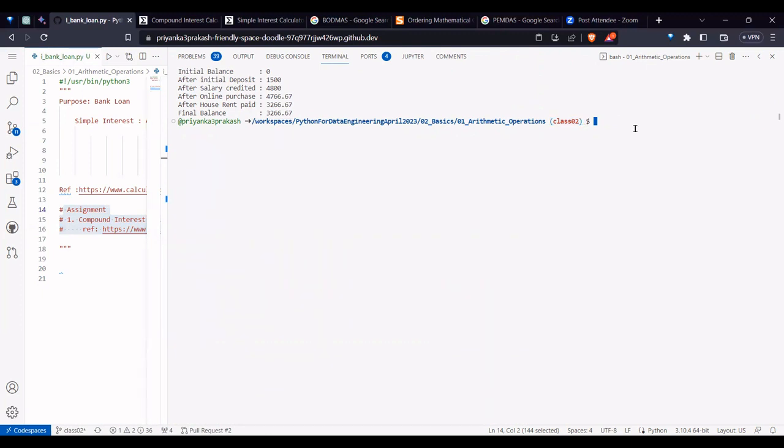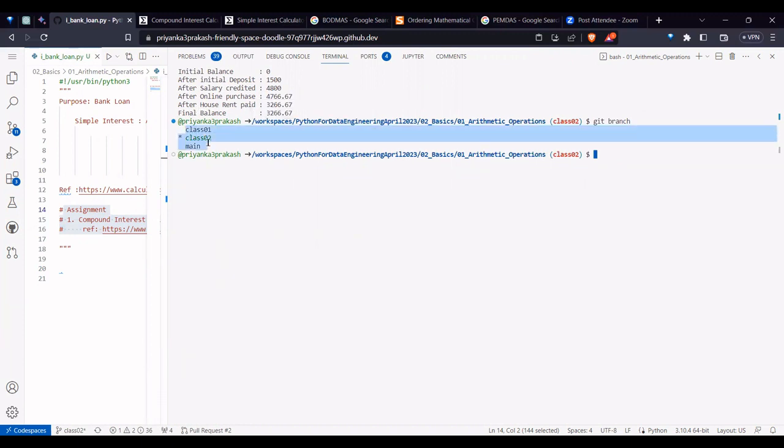If I say git branch, the moment I install Git, I can do this command called git branch. It will say in local how many branches are there for me. The moment you install Git and clone the repository locally, you will have main only. If you want to create anything, you can do.